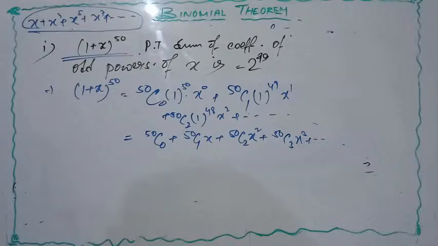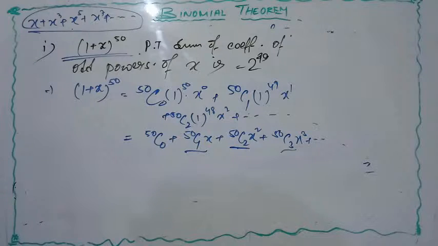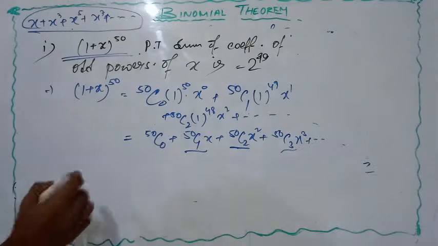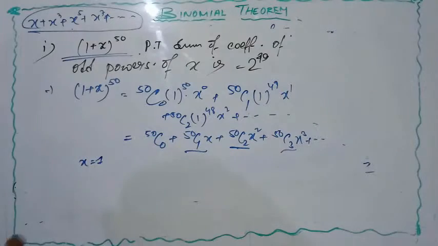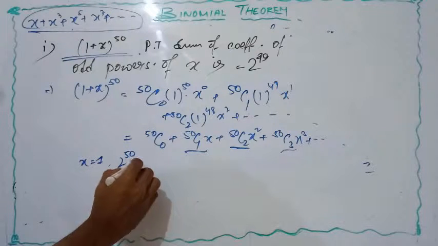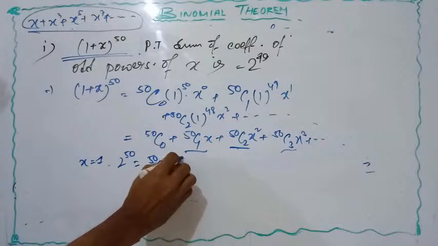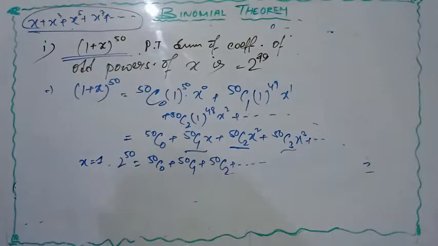So we have to prove the sum of coefficients of odd powers of x is equal to 2 to the power 49, right? So the coefficients of odd powers of x are 50C1, 50C3, 50C5. Now if you first replace x by 1, then you will get 2 to the power 50 is equal to 50C0 plus 50C1 plus 50C2 plus, and it will continue.